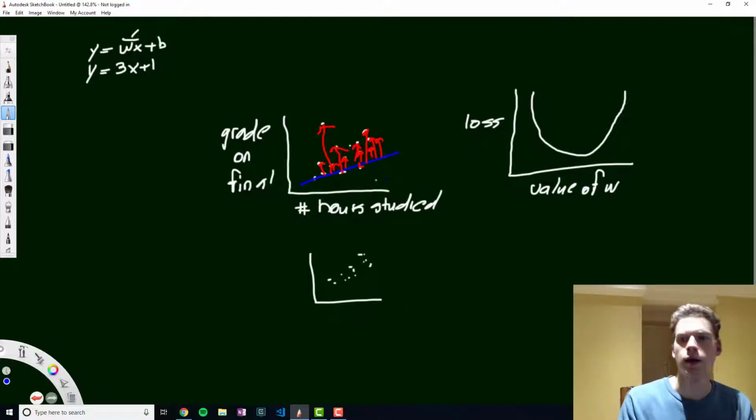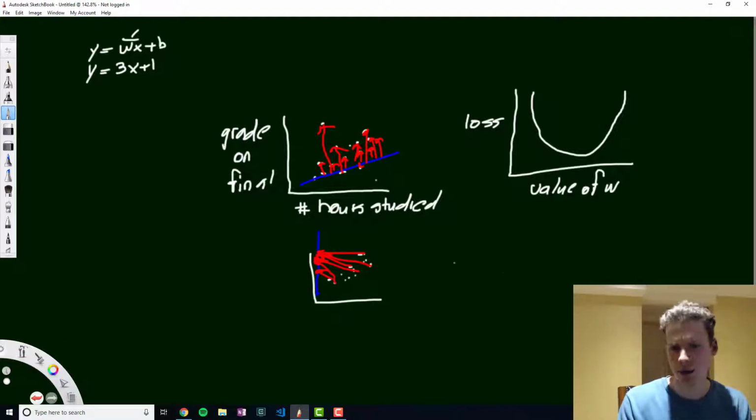If w is approaching infinity, it means our slope is approaching infinity. And so our line would look something like this. And you can see the red arrows are much longer than they are in the first case.